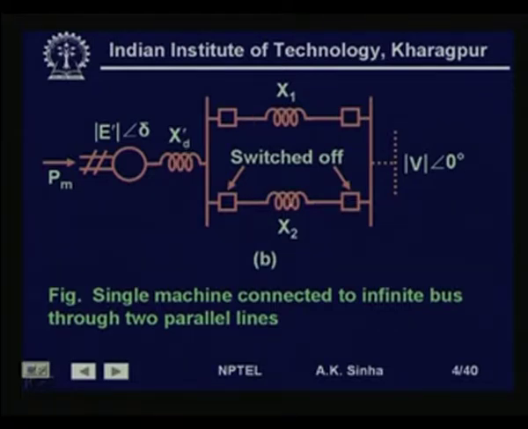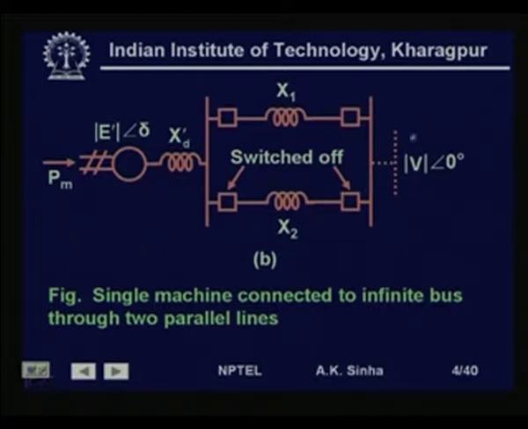We have two transmission lines, the reactances of which are x 1 and x 2. These in general will be equal, but we can take a case where they can be unequal also. So, we have x 1 and x 2 as the reactances of these two lines, and suppose we want to switch off these lines by opening the circuit breakers at these two ends.